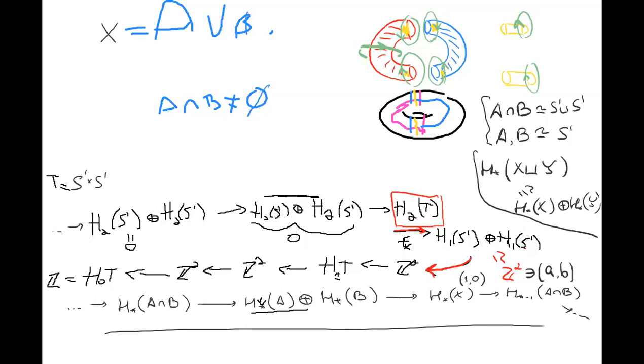Okay, so now we want to describe this map. So again, 1, 0 is an element which is the circle here, with the given orientation.